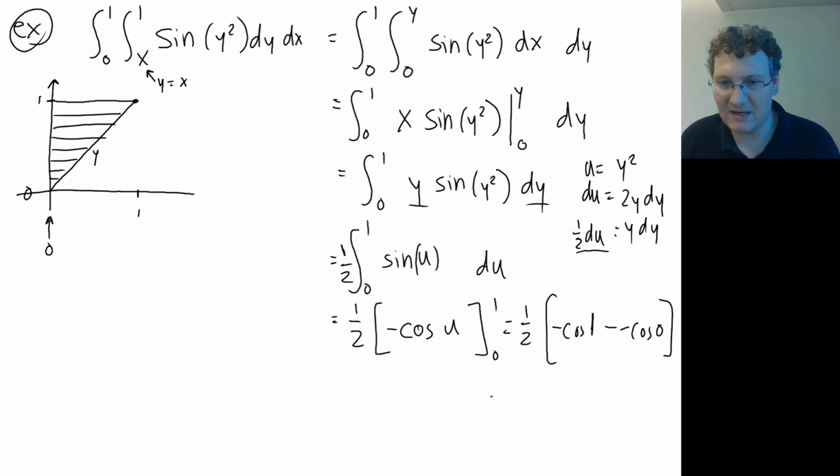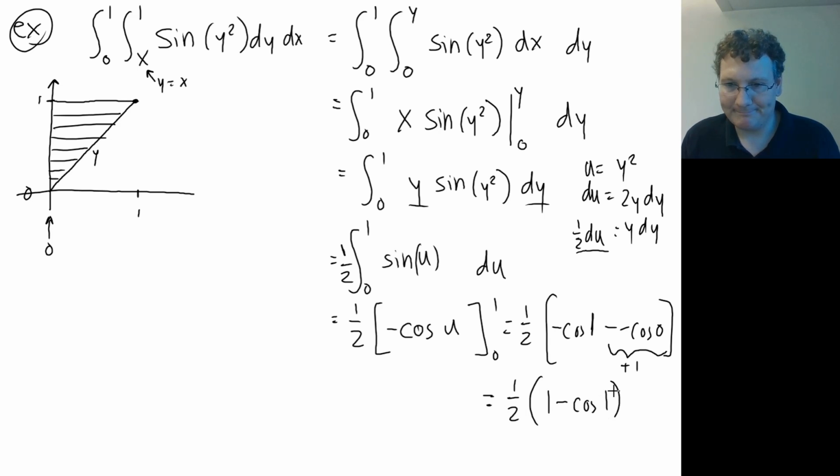Well, cosine of 1 isn't anything special to speak of, but I know the cosine of 0 is 1. So this is minus a minus, that's plus, that's going to be plus a 1. So in the end, this thing is 1/2 times (1 minus the cosine of 1). So that's what it is, whatever that comes out to be, some number.